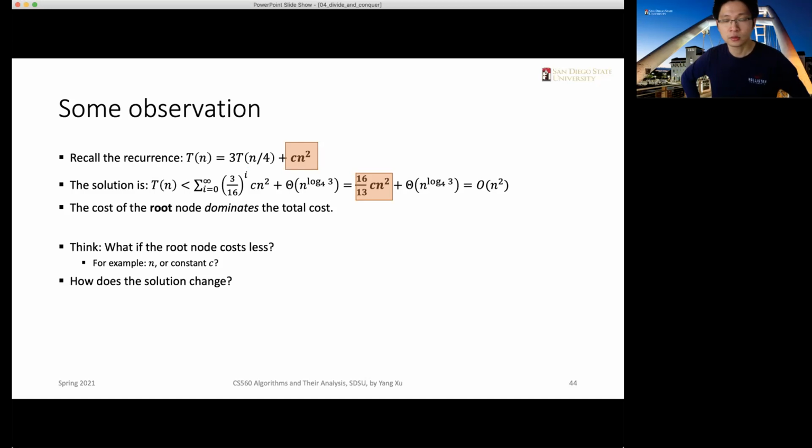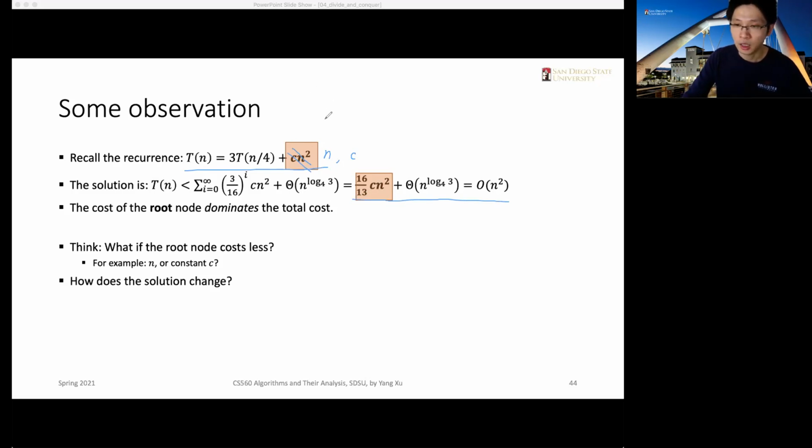One thing we can easily imagine is, what if we changed this recurrence a little bit? For example, if we don't have c n squared here, but a linear term like n, or even a smaller term like the constant c, then it makes sense to infer that the final solution should also change, right?